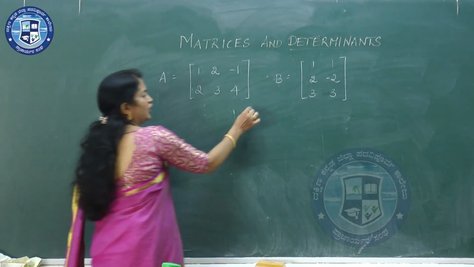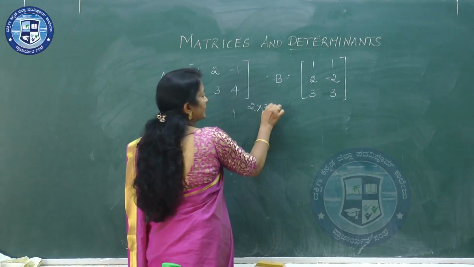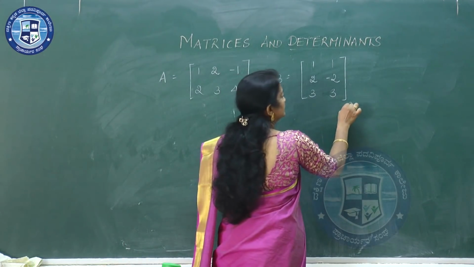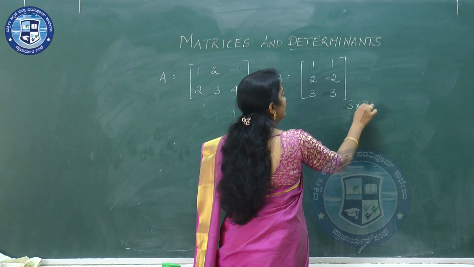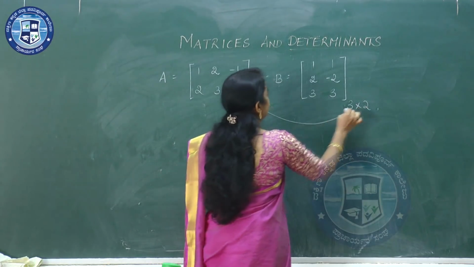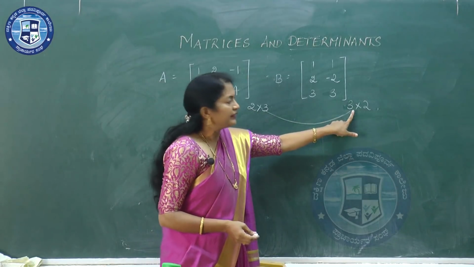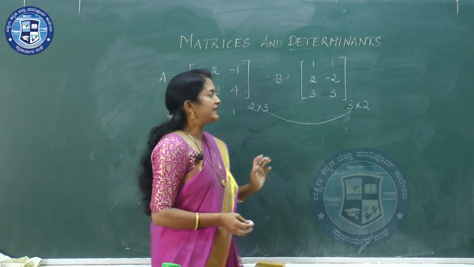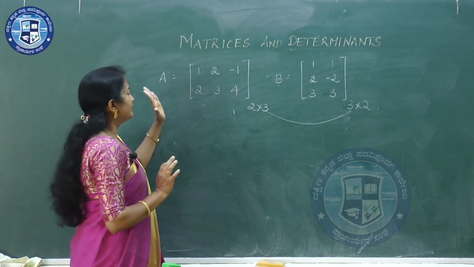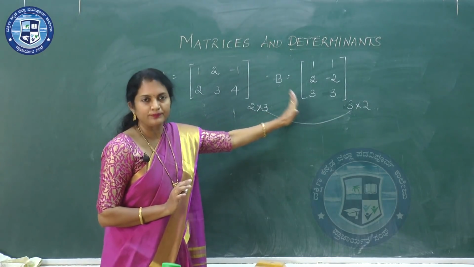Now this is of order 2 by 3. This is of order 3 by 2. The number of columns of the first matrix is equal to the number of rows of the second matrix. Hence, the product AB does exist.